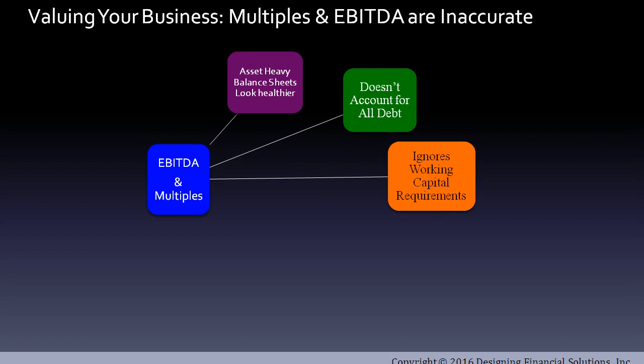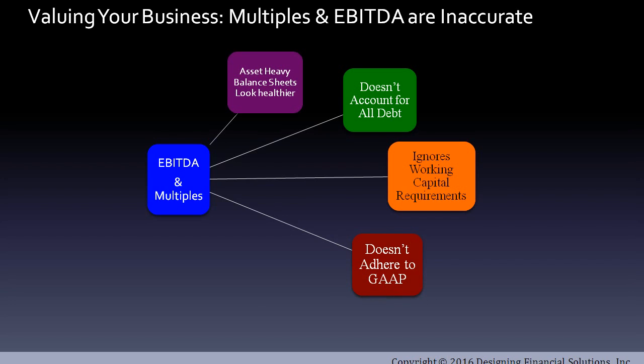It ignores the working capital requirements, and doesn't take into account, with EBITDA particularly, what those working capital requirements are to keep the business running, as we mentioned earlier. And multiples do the same thing, and they often are very different when you look at one company to the next.